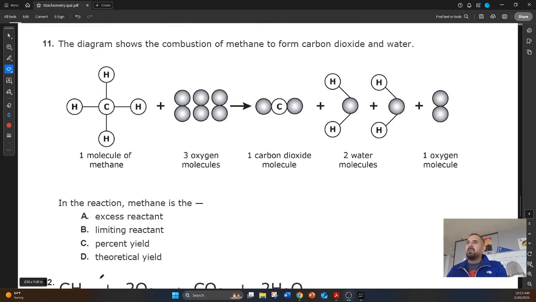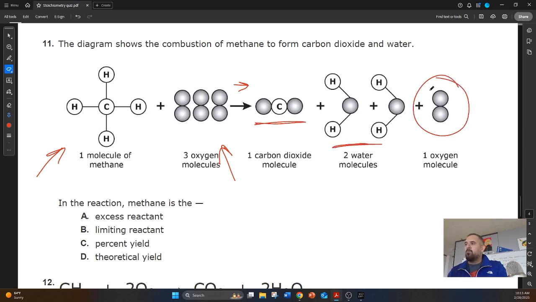All right, so here the diagram shows combustion of methane to form carbon dioxide and water. In the reaction, methane is what? So here we have our methane, and we're adding oxygen to it. And what we're producing, so there's our yield symbol, we're producing carbon dioxide, we're also producing water, and it looks like we have 1 mole of oxygen left over.